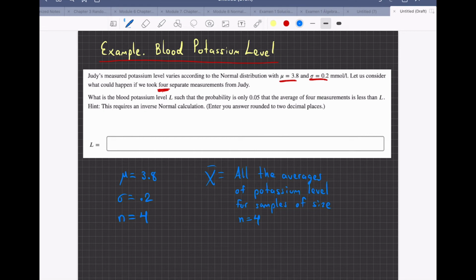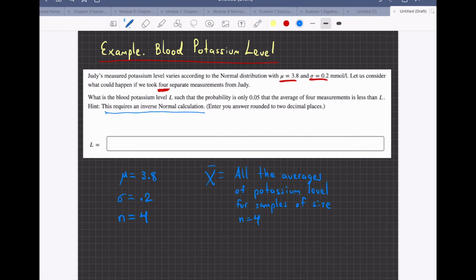So here you have to be careful because notice it says what is the blood level L if you have 0.05. So this is like an example we saw before where we have a probability. How do we compute the observed value? This is why it is saying here this requires an inverse normal calculation. So how do we proceed here?